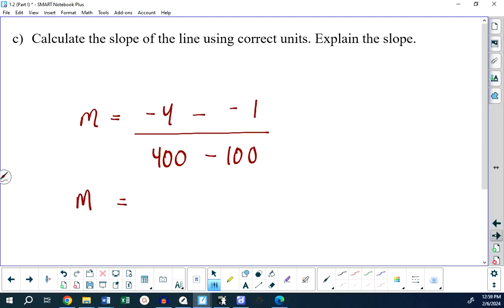So be very careful here. This is an applied math class. We don't have to do things in our head. We've got calculators. Work out what -4 minus -1 is. -3. So we get -3 degrees Celsius divided by 400 minus 100, which is 300, and that's meters.